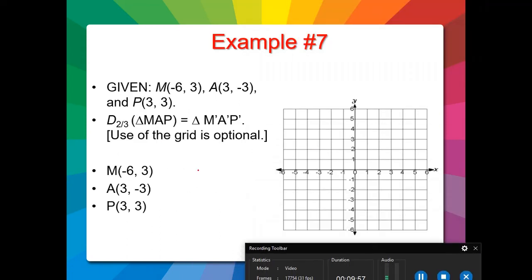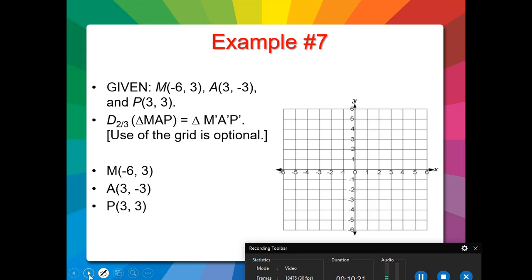For example number 7, we have another triangle located at MAP. We're dilating by a scale factor of 2/3. I automatically know that my image should be smaller than the original. The use of the grid is optional, so I'm not going to use the grid. I'm going to go through and multiply -6 by 2/3 and 3 by 2/3. If you need the iPad to help you, you can do that.